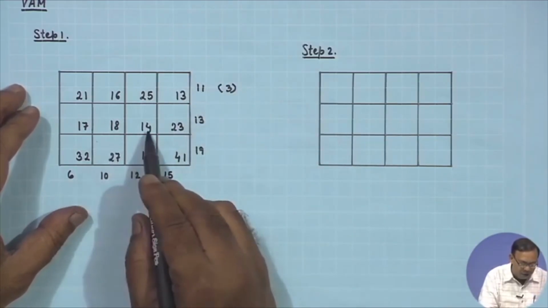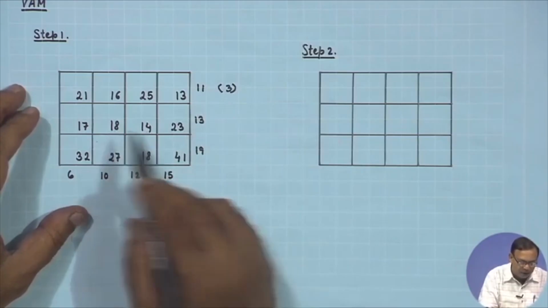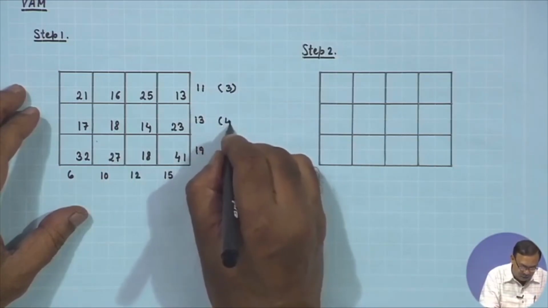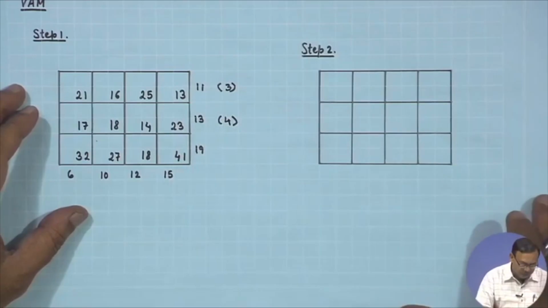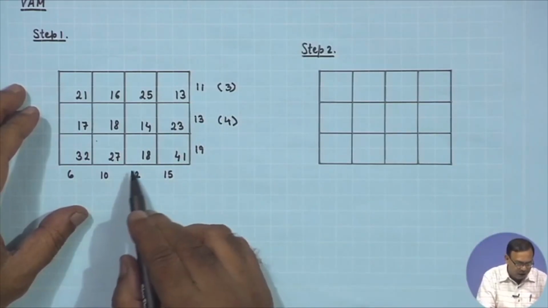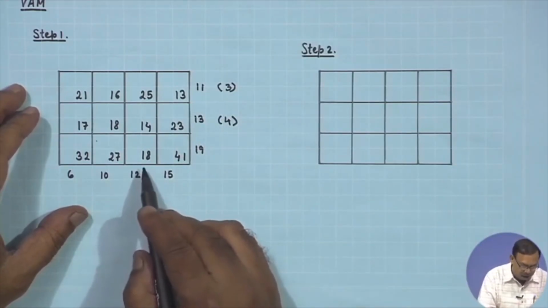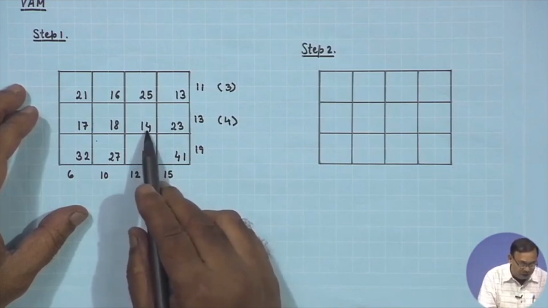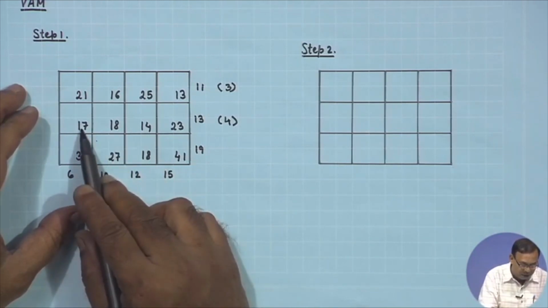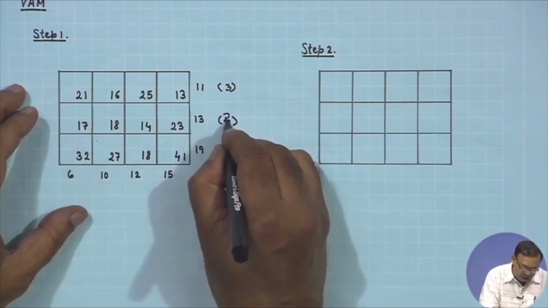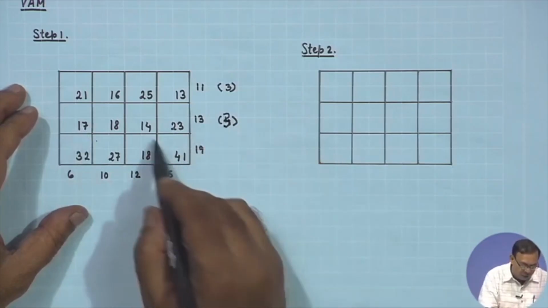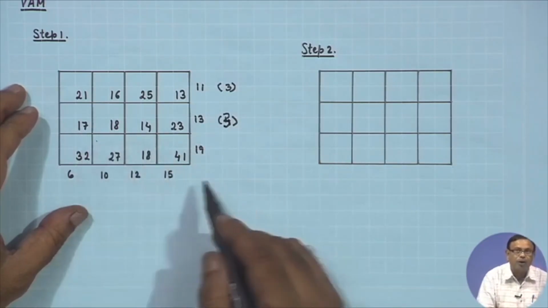Similarly, for this row, smallest is 14, second smallest is 18, difference is 4, 18 minus 14. Then for this case, the smallest is 14 and second smallest is 17. So, here it is 3, not 4, 17 minus 14.